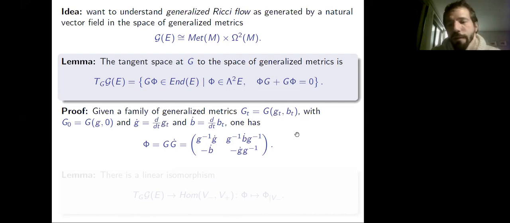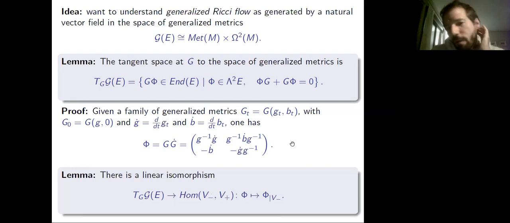The more pedestrian way of seeing this is by just taking the formula for the endomorphism in terms of a metric and a two-form and taking derivatives brutally and checking that these conditions hold. You can do these things either way, but this gives you a more explicit description of the tangent to the space of generalized metrics.